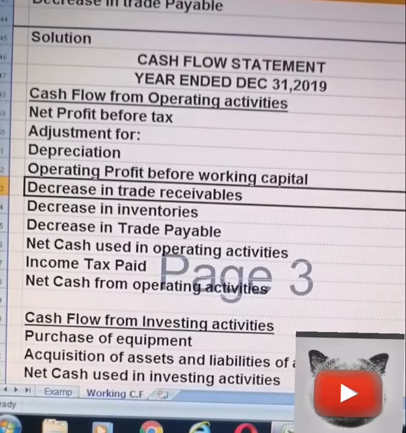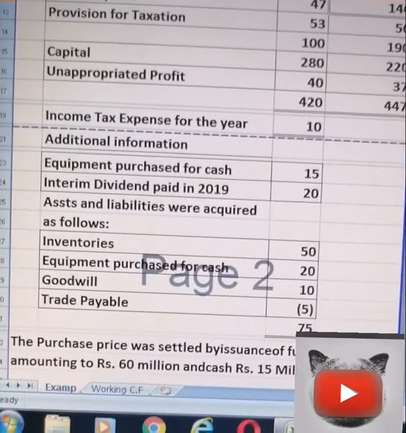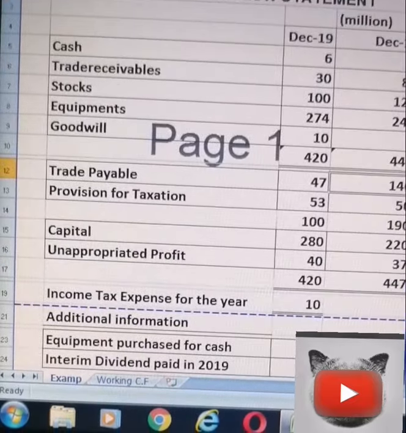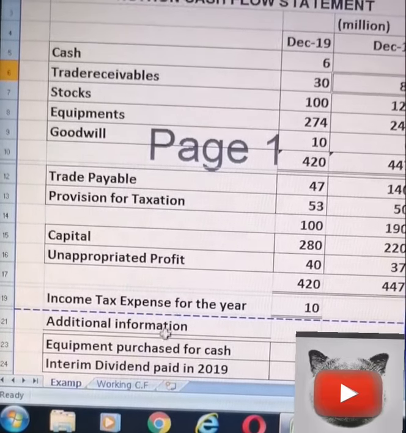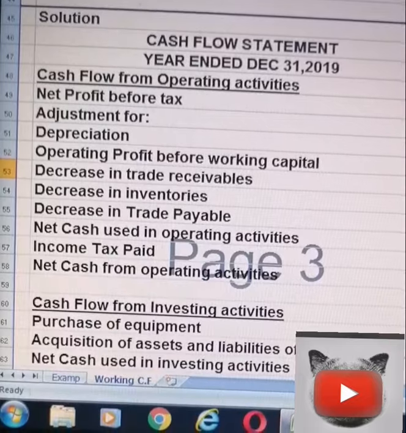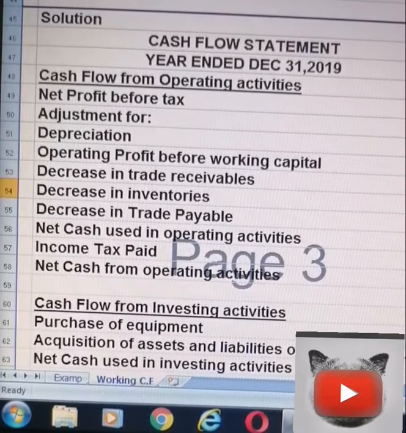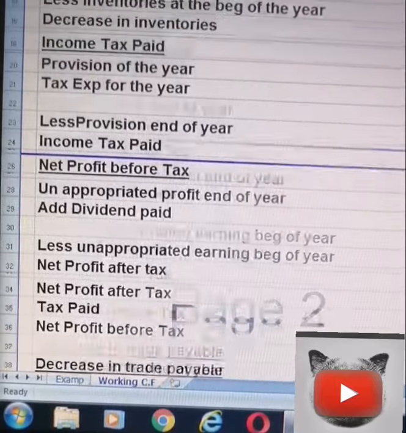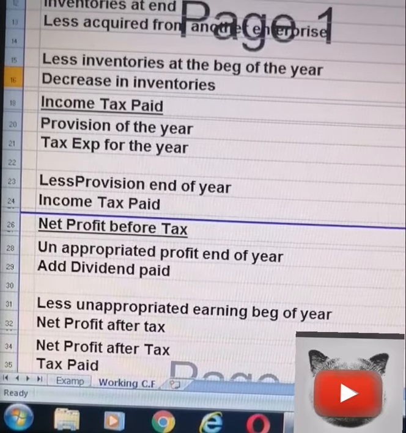Decrease in trade receivable, 50 million. You go to the example figures to see how it comes. It is the difference between these two figures. 50 million. Decrease in inventories comes to 70 million. Working is given as above here. 70 million.